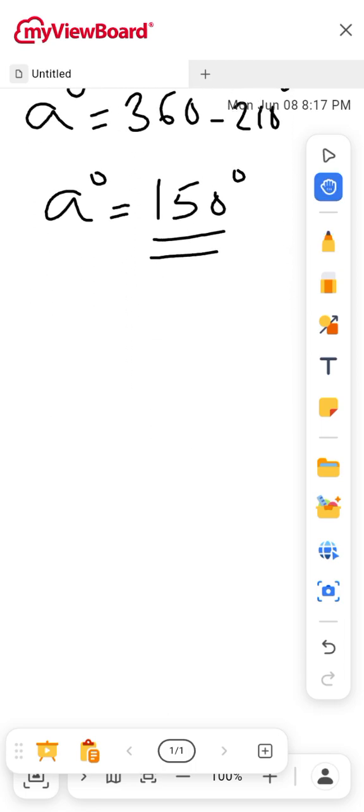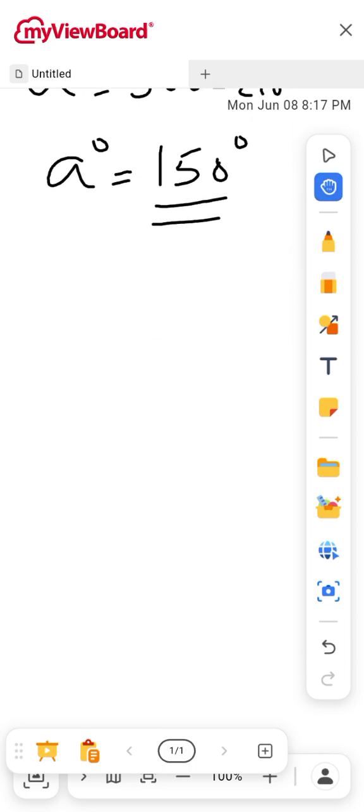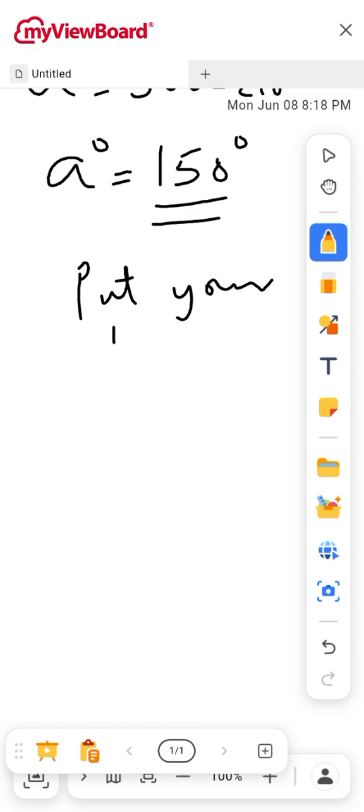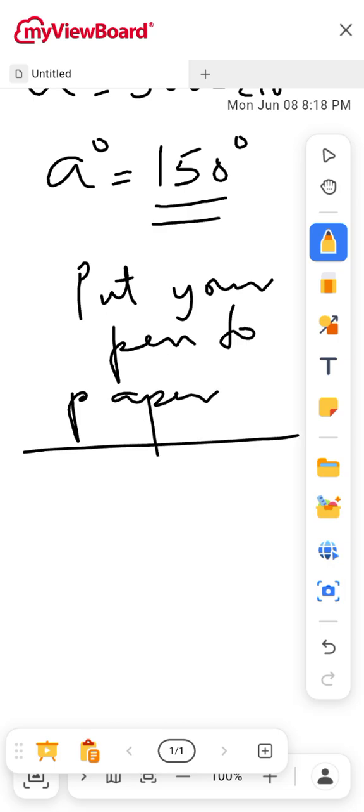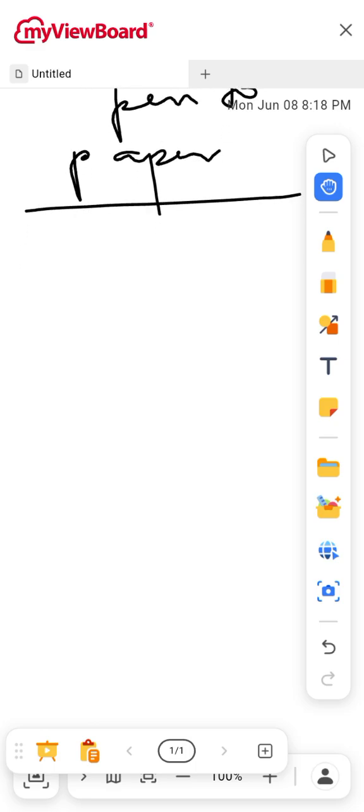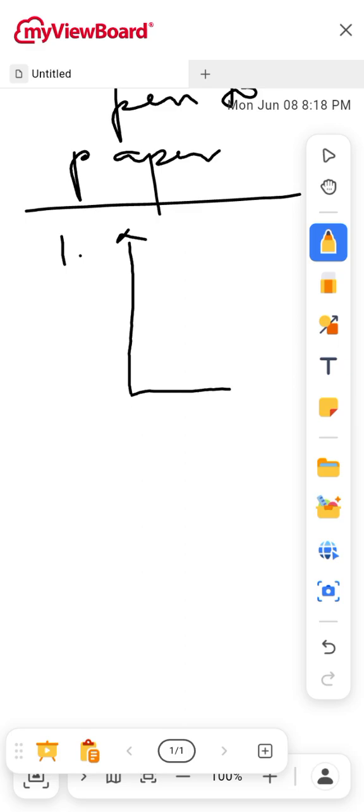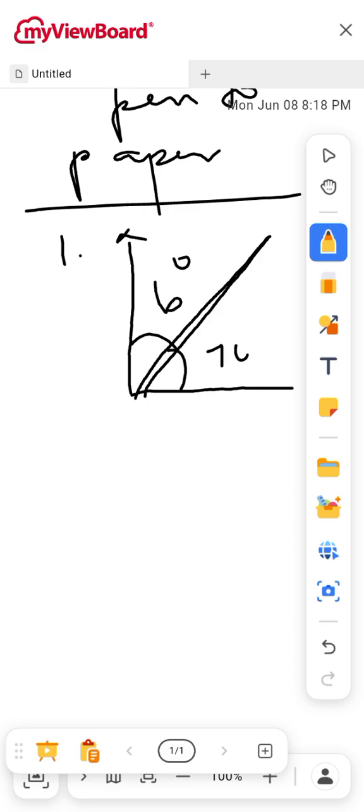If you understood this, before we move on to our polygons properly, I would want you to put your pen to paper and do this. Are we together? Okay, the very first one, we have this. This is B and this is 70.